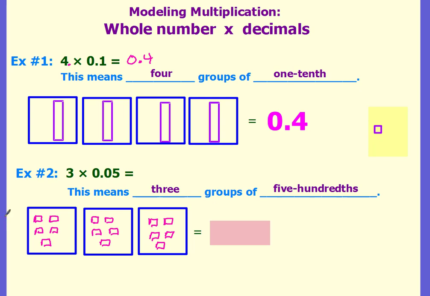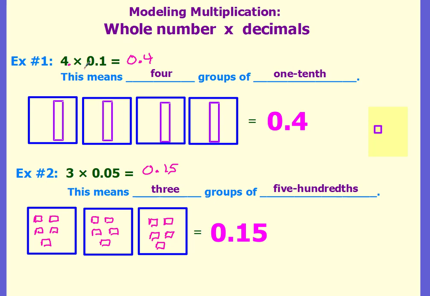And there we go. There are the 3 groups of 5 hundredths. Now we want to know what the total is. Well, here's 5 hundredths, 10 hundredths, 15 hundredths. So we have 15 hundredths. So 3 times 5 hundredths equals 15 hundredths.